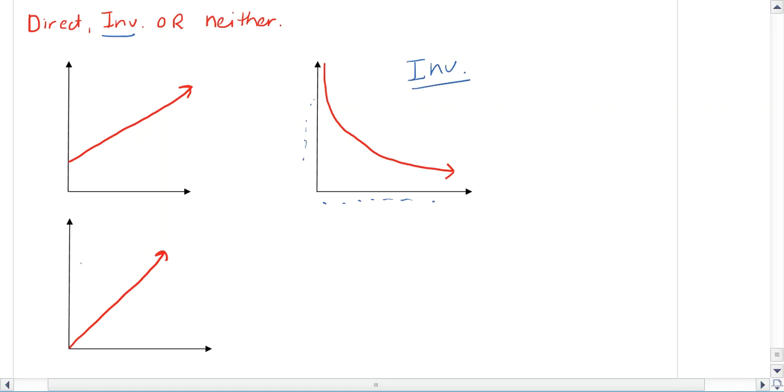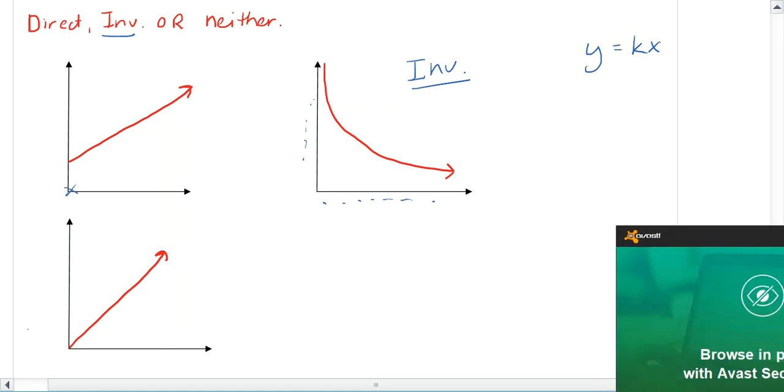Now, of these two that are left, one is direct and one is neither. So let me just remind you, in direct proportion, y equals kx. If you look carefully, the only difference, really, they're both positive slope graphs, so as x is increasing, so is y. This one, however, does not start at 0, 0, and this one does.